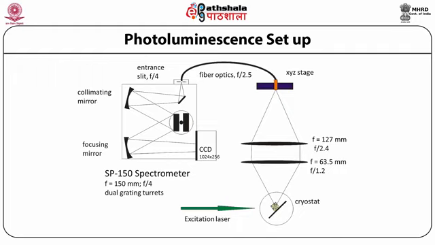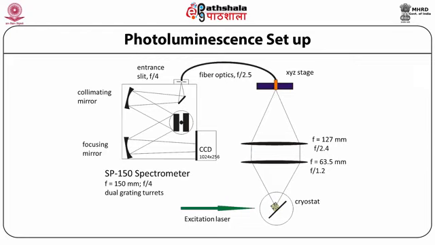So this is the schematic showing a photoluminescence setup. Now we have this optical setup consisting of the entrance slit, which is f by 4, the collimating mirror and a focusing mirror. This entrance slit is connected through fiber optics to the XYZ stage.